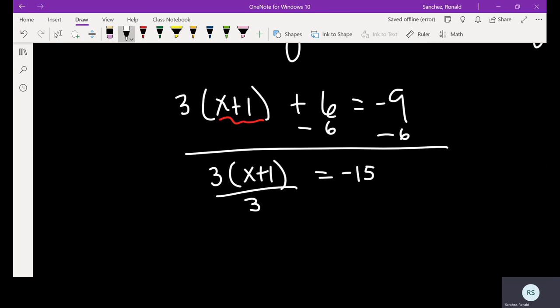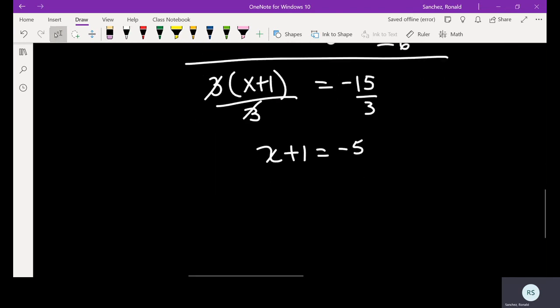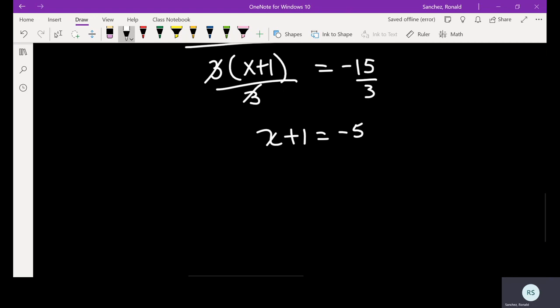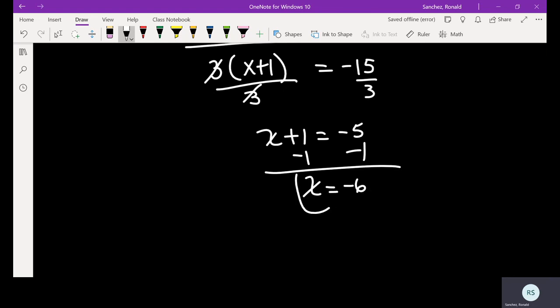And now we could have divided by 3. That simplifies to 1, and I'm left with x plus 1 is equal to -5. Well, what will be the last step here? The last step is to subtract 1. And that gives me x is equal to -6.